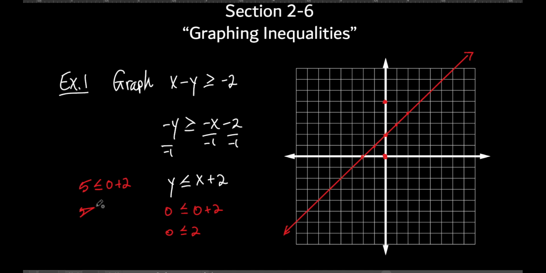Is 5 less than or equal to 2? No, that's not true. So that means any point above the red line will not satisfy this inequality. It won't make the inequality work.